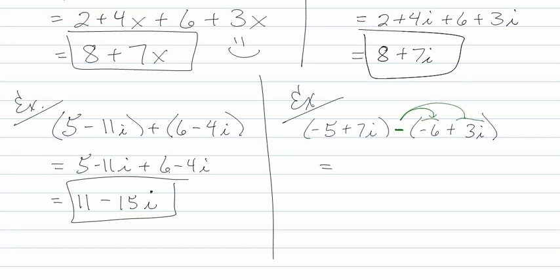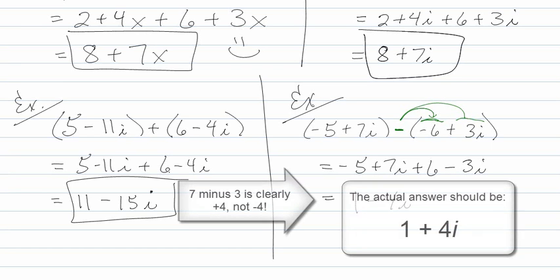So I'm going to distribute it here, and I'm going to distribute it here. Now this first set of parentheses, they're fine. But now I have negative times negative 6, so it's going to be plus 6. And then I have negative times positive 3i, so that's going to be negative 3i. So I've got negative 5 plus 6 is 1. 7i minus 3i is 7 minus 3, which is 4, so 4i.